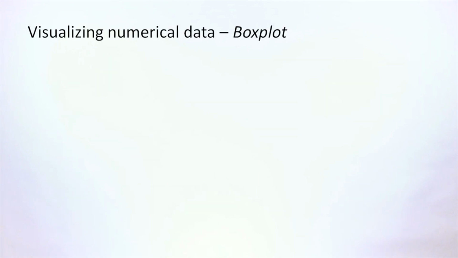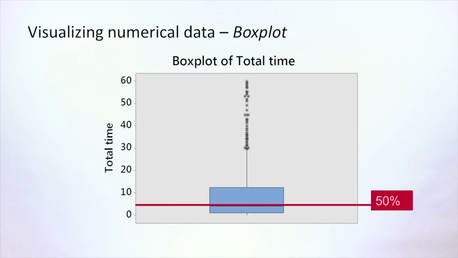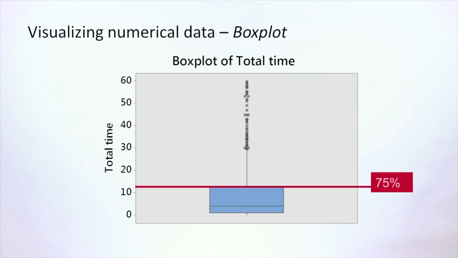Now, let's go back to our data example. This is the box plot we made for the total time. 50% of the data is smaller than the median, which equals approximately 4. So we can conclude that half of our claims is handled within 4 days. 75% of the data is smaller than 12 days.